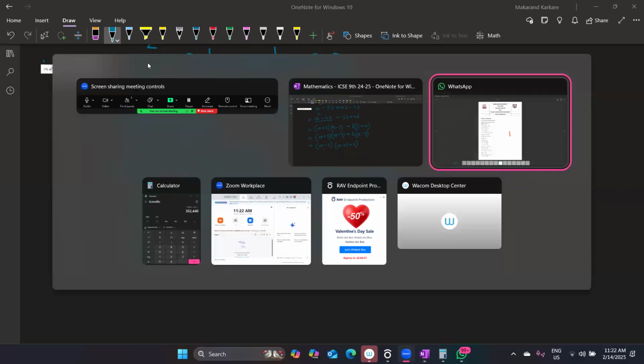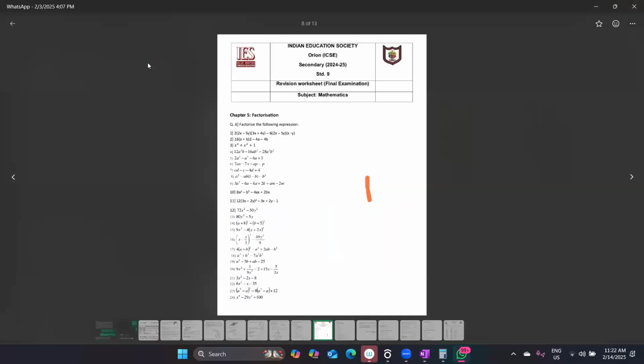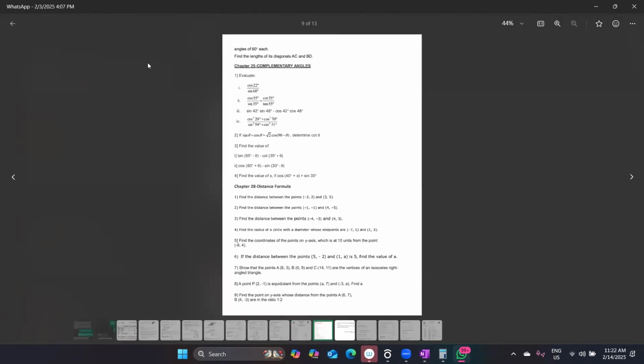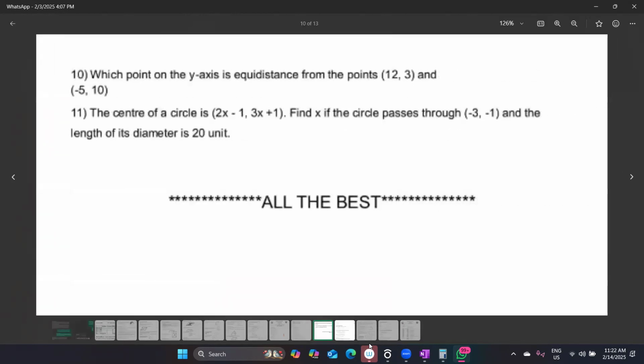Any other questions? Sir, in area theorem, I had a doubt in question 3. Which page is this? You were on the last pages.